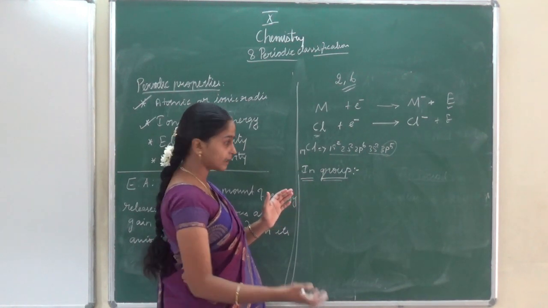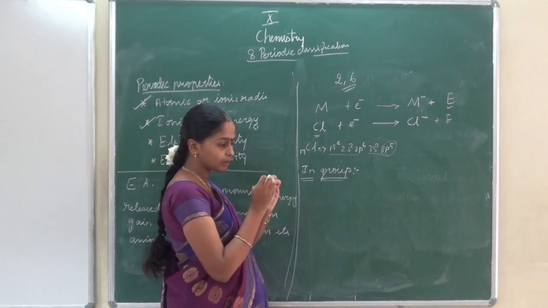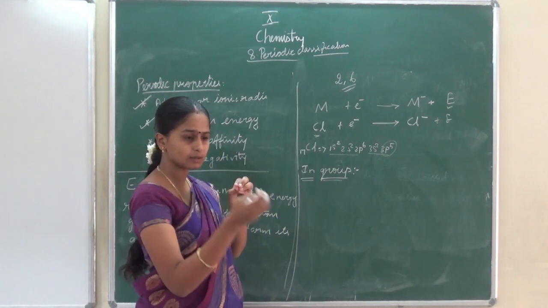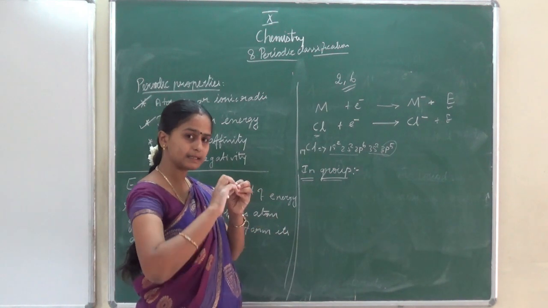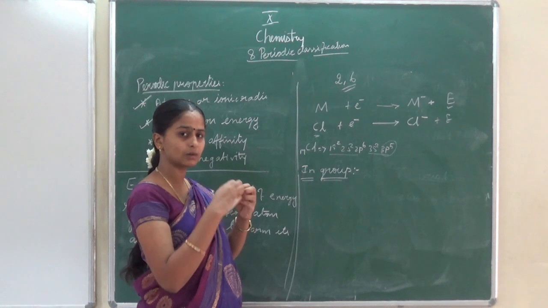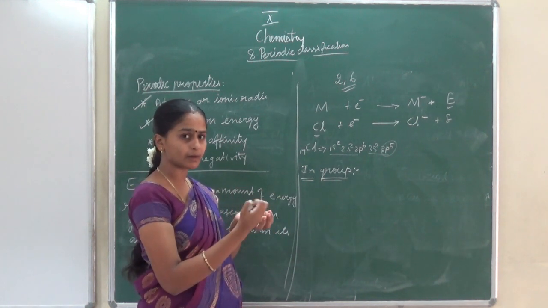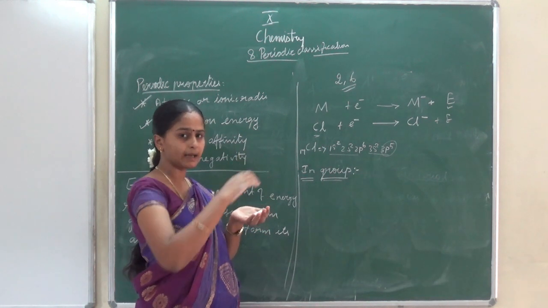One more electron has to be gained. If the nucleus is closer to the valence shell, then it can easily show its effectiveness towards the incoming electron, so that it will pull the electron towards itself. So the electron easily enters that atom.